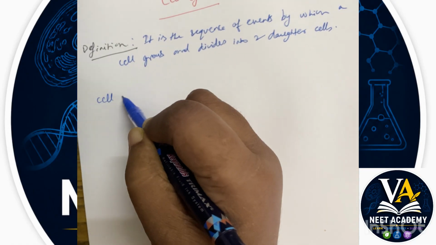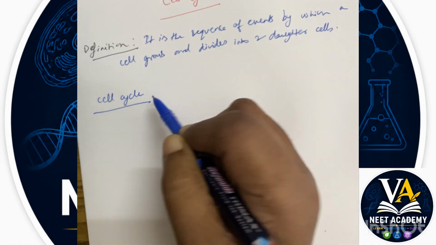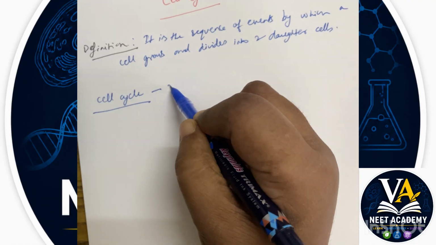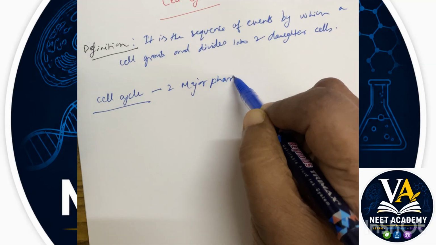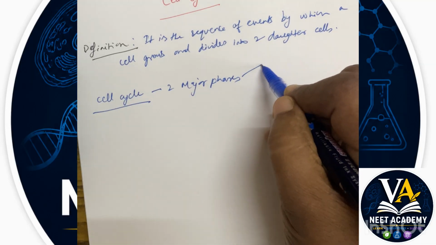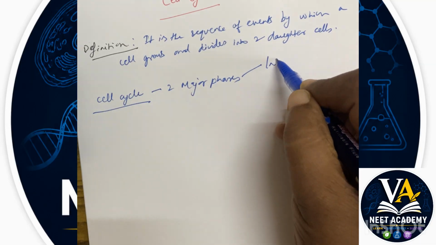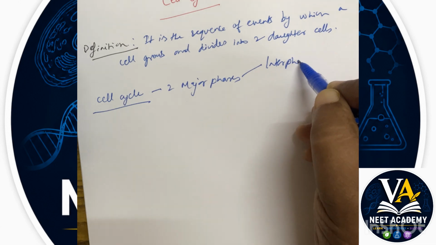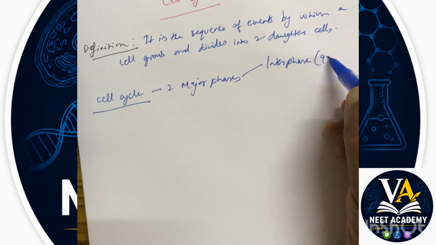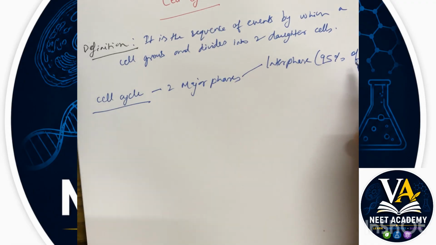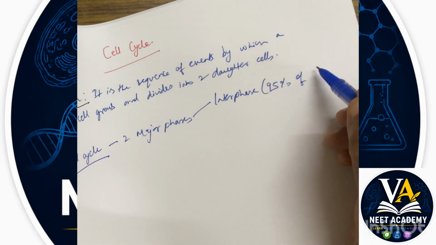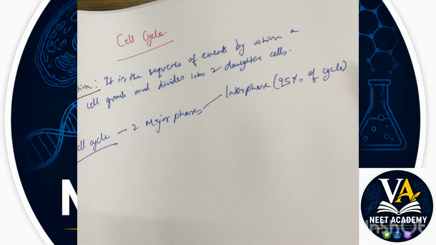The cell cycle has two major phases. One is called interphase. This constitutes about 95% of the cell cycle.